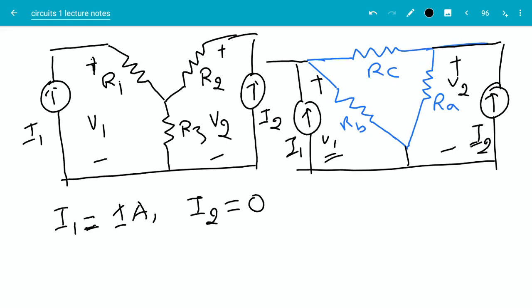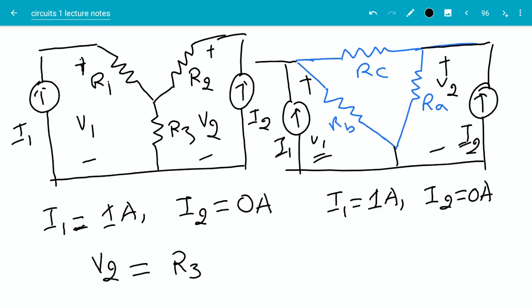Let's set I1 as 1 ampere and I2 as 0 ampere on the left hand side. Then we can see that V2 will be equal to R3. Pause the video here and convince yourself that V2 is equal to R3 on the left.